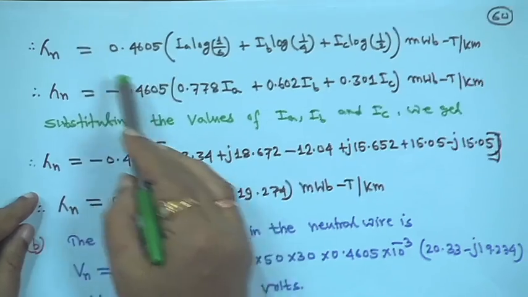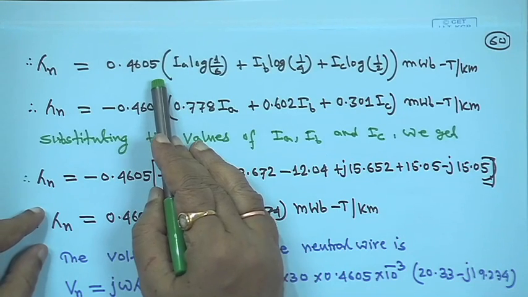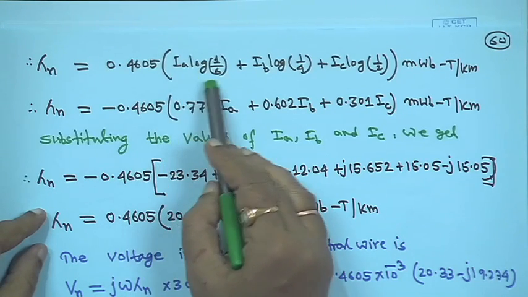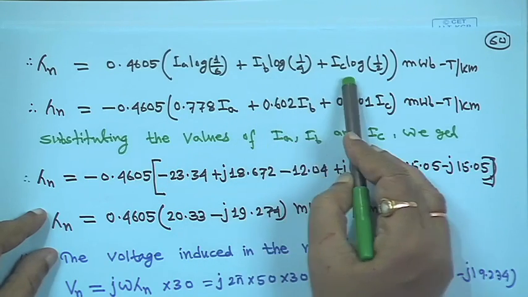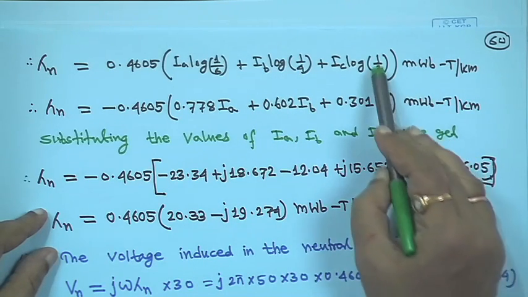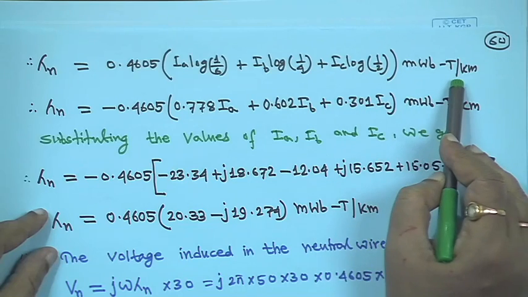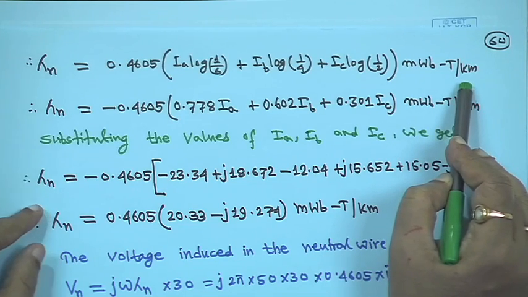If you substitute, you will get lambda N equal to 0.4605 times, in bracket, IA log 1 upon 6 plus IB log 1 upon 4 plus IC log 1 upon 2, milliweber turns per kilometer.